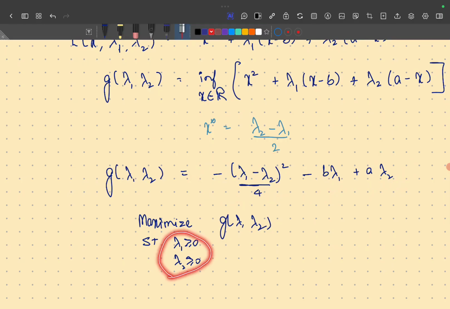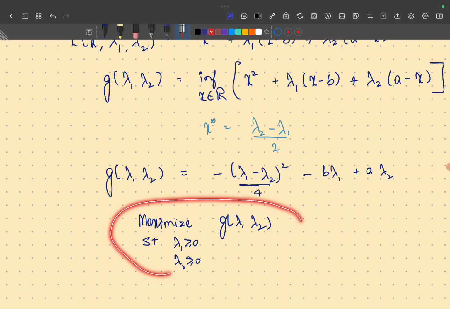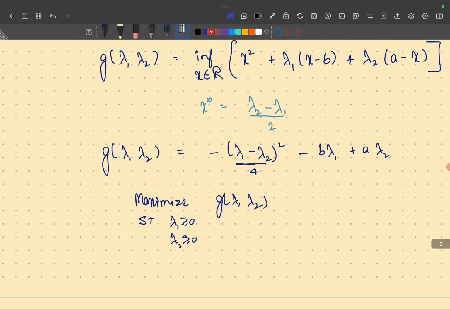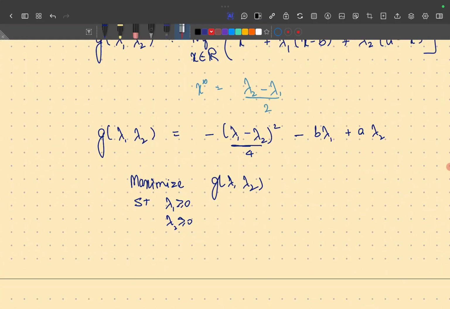But this is not even a quadratic constraint, it's just a linear constraint. But in any case, this is still a convex optimization problem. Okay. So I'll get to convexity for more general cases in a little bit, but at least in this example, we see that the primal optimization problem is convex, the dual optimization problem is also convex.